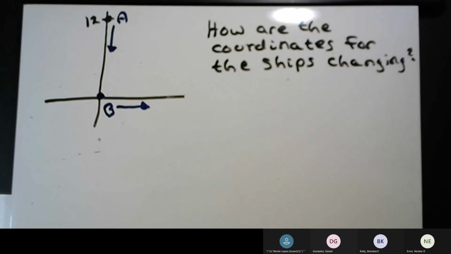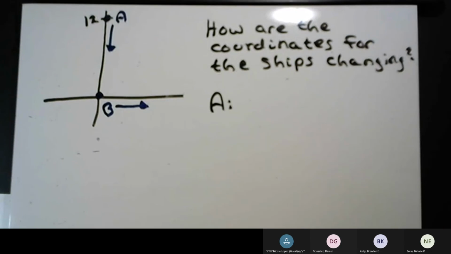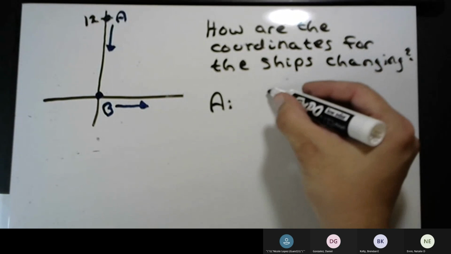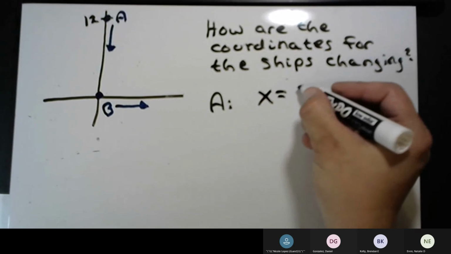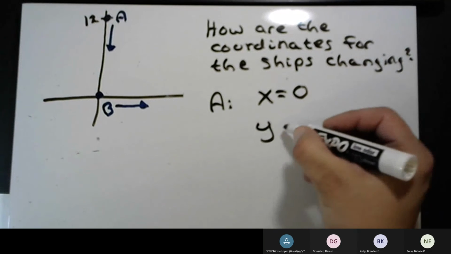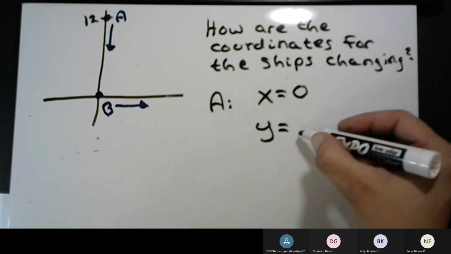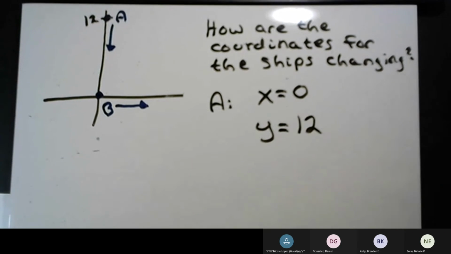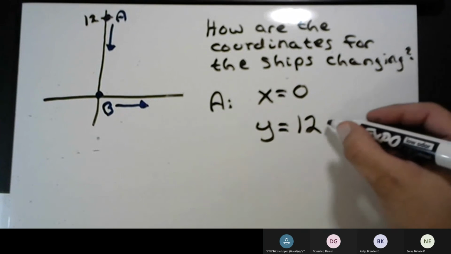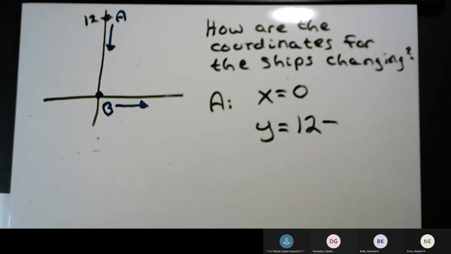So for ship A, it's just moving south. So X is going to equal 0. Now for Y, the ship's going to start at 12, but then it's going to keep heading away from 12. It's going to be heading down, so we're going to be subtracting.